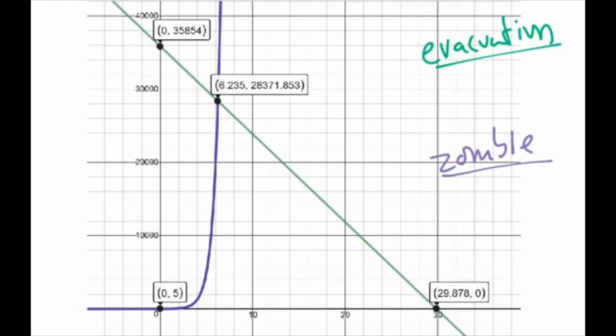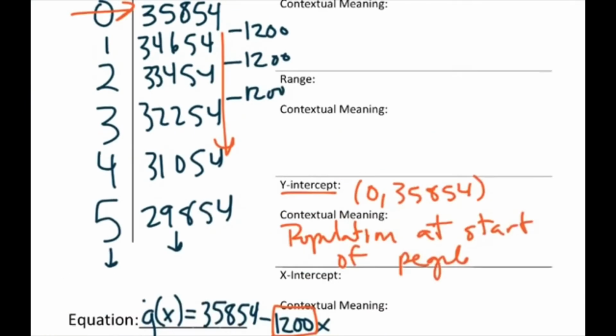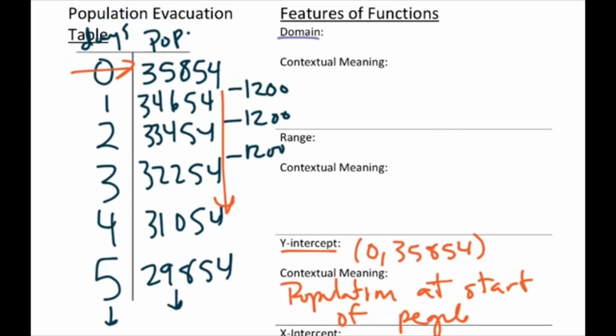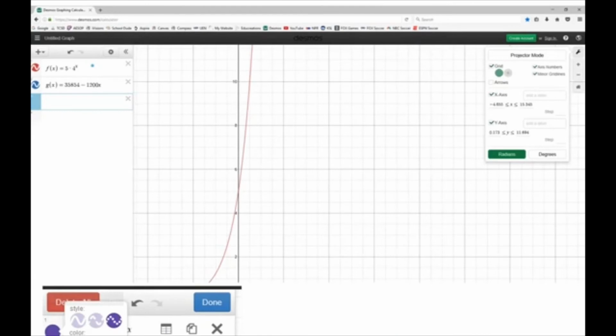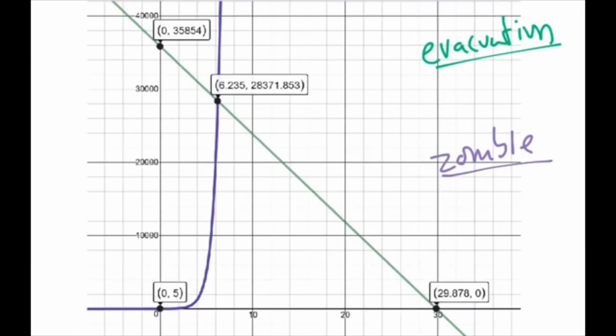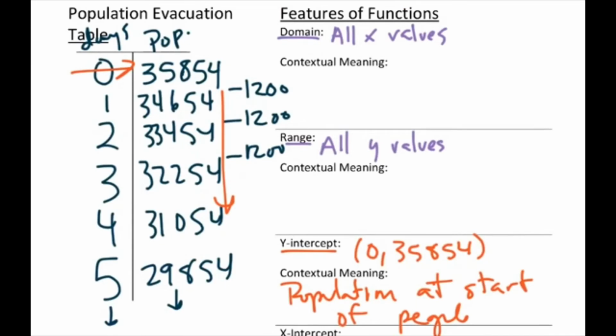Okay, so looking back here, we need to figure out our domain and our range. Now remember, domain is all the x values that make sense in our story problem, and range is all the y values. Okay, so looking at our evacuation, can we go back to negative days? No, so we'd start here at 0. The x value of 0 would be where we start. Okay, and we go to here, to our x-intercept, which, by the way, is 29.878.